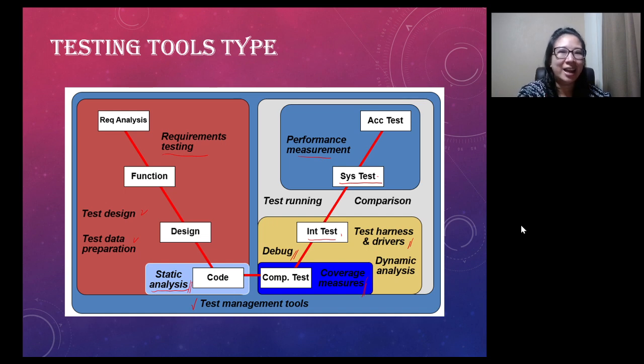And then we have the branch decision, and the statement coverage. So we have a lot of dynamic testing, right? The testing tools can also help us automate this process. So instead of doing the calculation manually, we can use the testing tools here.